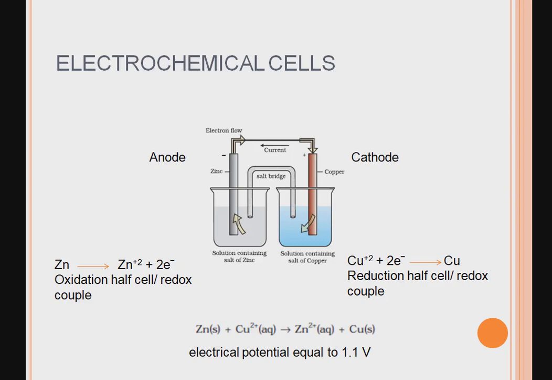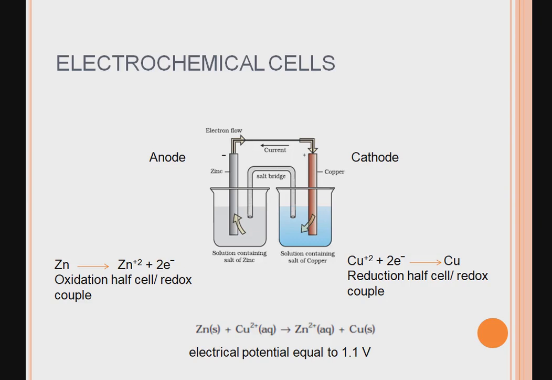The reaction taking place in this type of cell is written here: zinc plus copper ions changes to copper plus zinc ions. Now, the left hand side beaker where oxidation takes place is also called anode. And the right hand side beaker where reduction takes place is also called cathode.